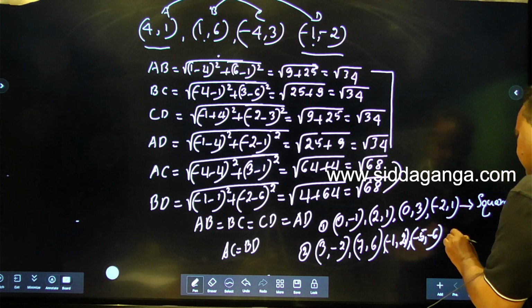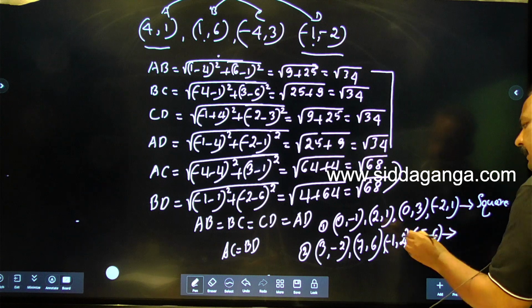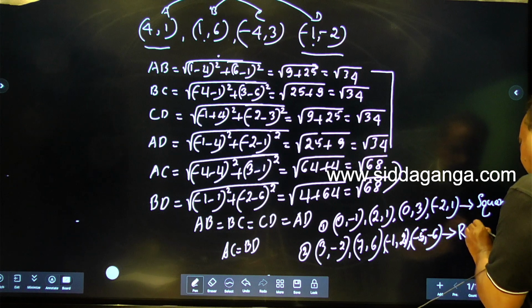So these vertices or these points form the rhombus.